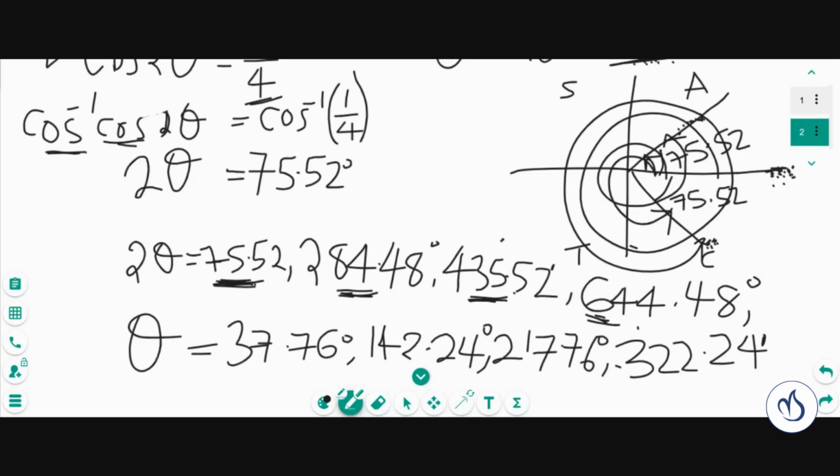Yeah, so those are my final answers. Now your final answer should all be in the range of 0 to 360, since it is in the range of theta.